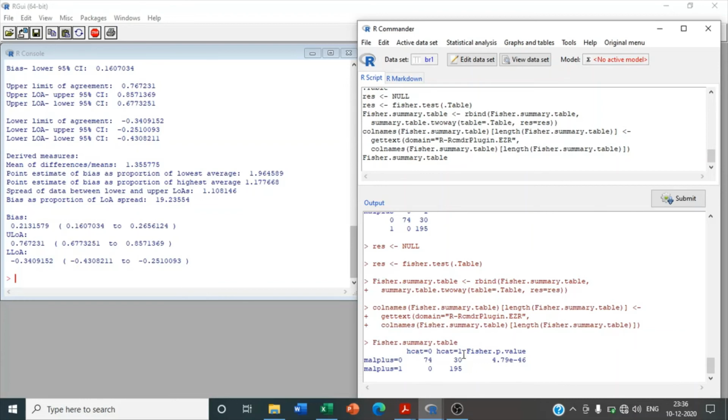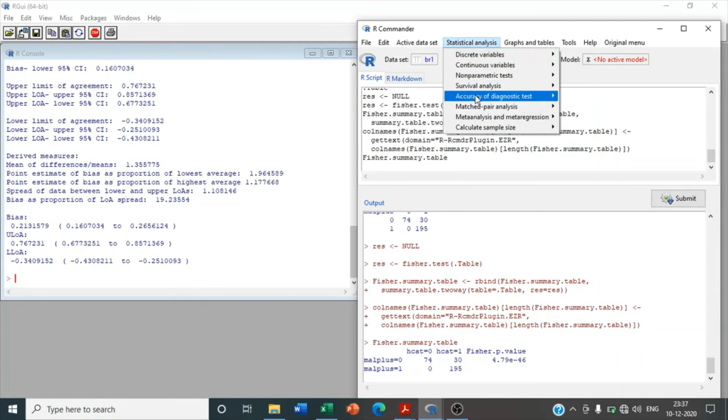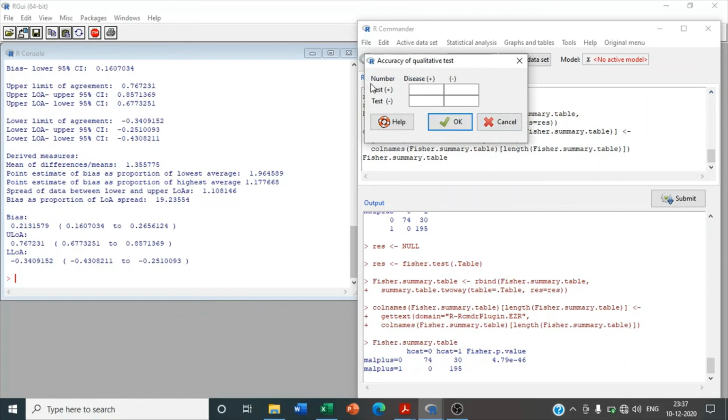And over here we get these set of numbers. Now let us feed it into the accuracy of diagnostic test, accuracy of qualitative test. Test positive, disease positive: mal plus equal to 1 is positive, and disease positive is 195 over here.